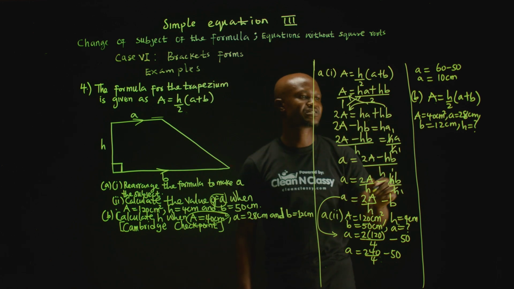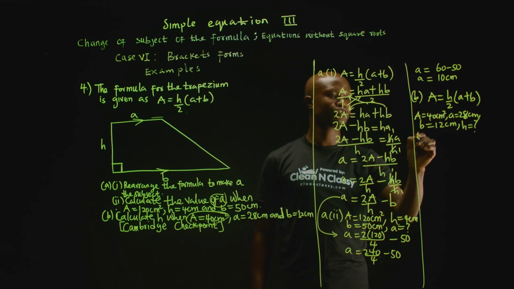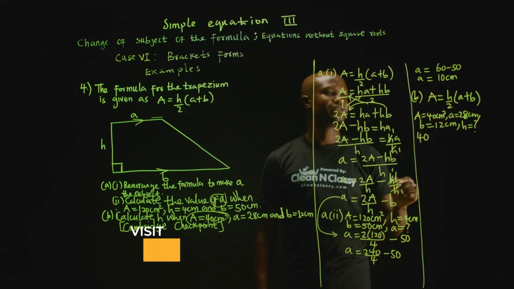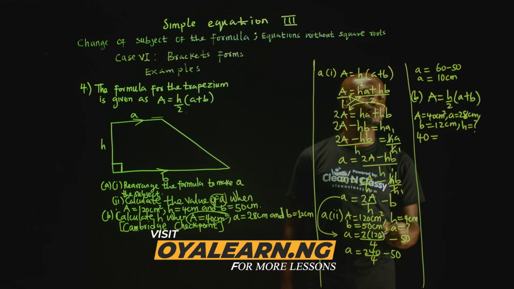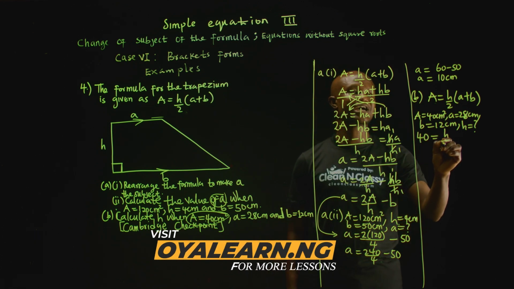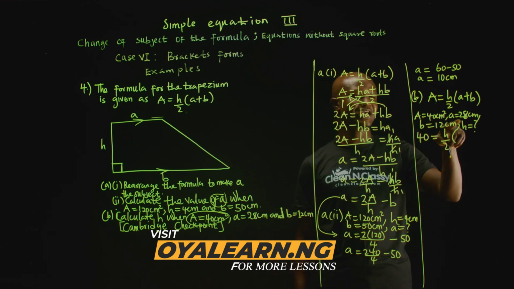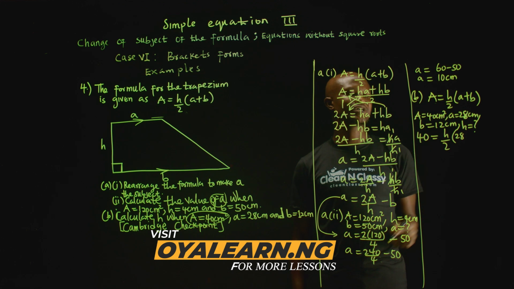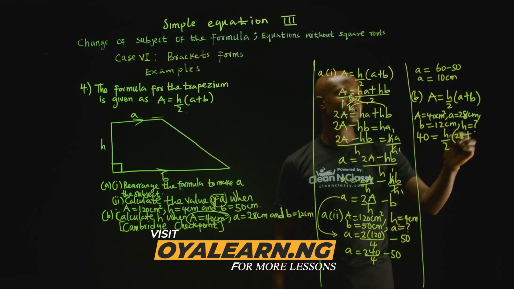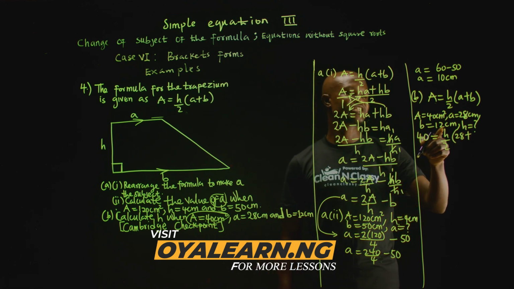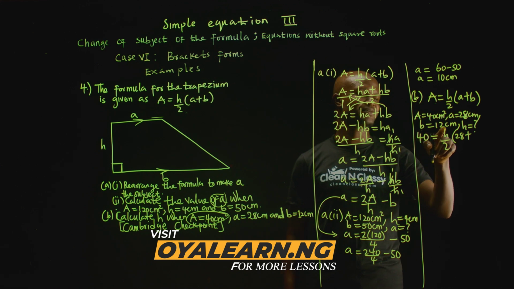Now from this, anywhere we see A, we put 40. Then equals h divided by 2 into bracket, small letter a is 28, 28 plus b, small letter b is 12.